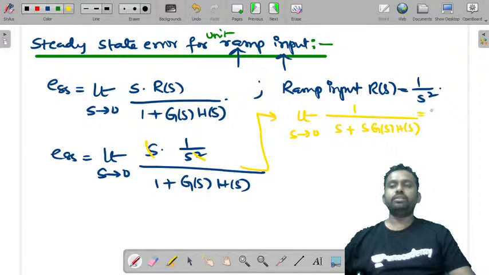I'll just write it upwards so that it will be clear for you. Limit s tends to 0, 1 by s. Let's take it to the next slide.